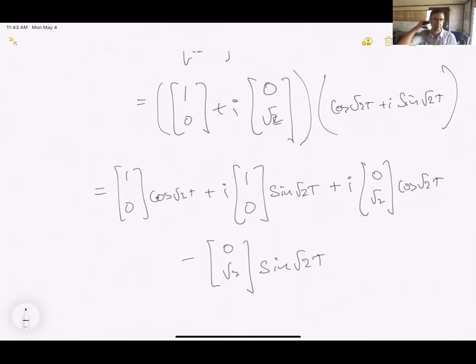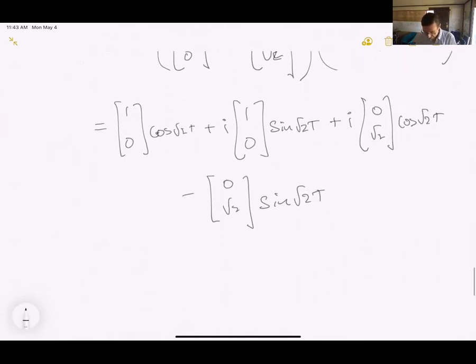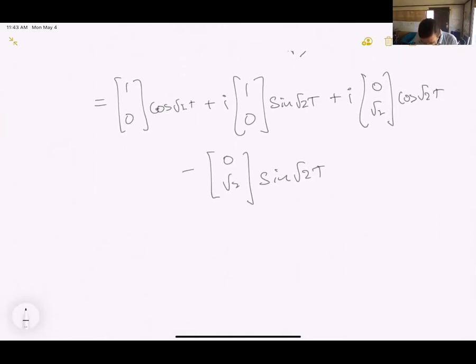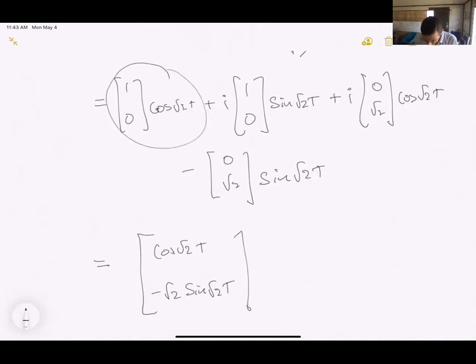Stop me or slow me down if I lose you. Okay? All right. So what do we get here? We get a real solution: cosine root 2t and minus root 2 sine root 2t. That's from the first term and the last term.